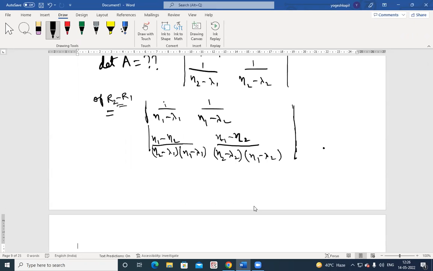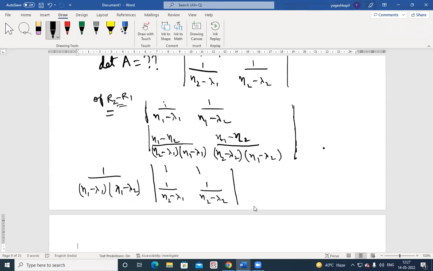So what I can take out, this part I can take from this column and this part I can take out from this column. What I get is 1 upon eta 1 minus lambda 1 into 1 upon eta 1 minus lambda 2. Here I get 1, 1, and this is 1 upon eta 2 minus lambda 1, and this is 1 upon eta 2 minus lambda 2.